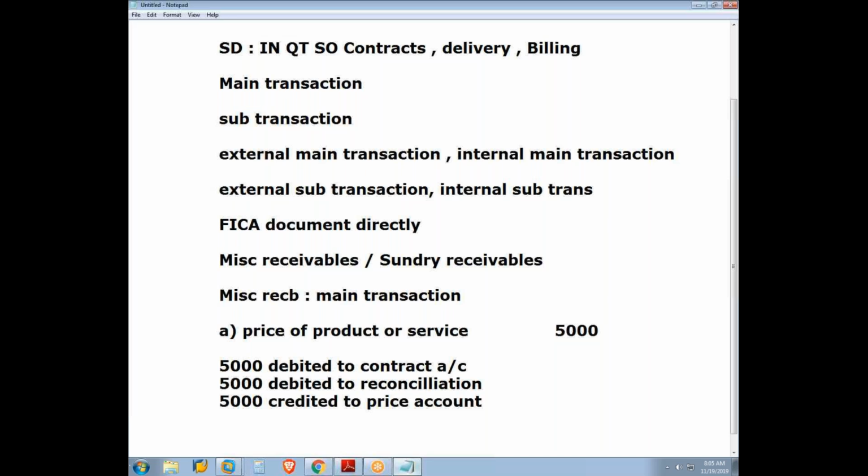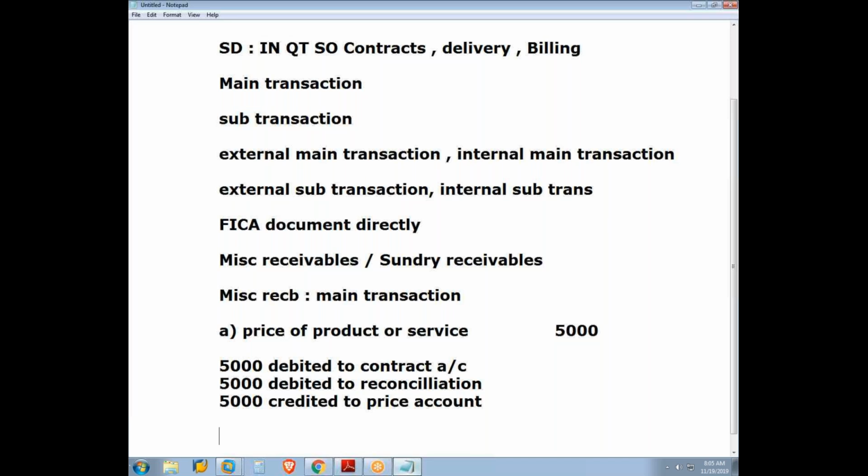But when you are posting 5,000 rupees to a revenue account, the tax has to be determined, because you are supplying some product or giving some service to the customer. They are legally chargeable. So you cannot just say that I'm going to credit 5,000 rupees to the price account. It should always be posted with a tax. So what is the rate of tax?